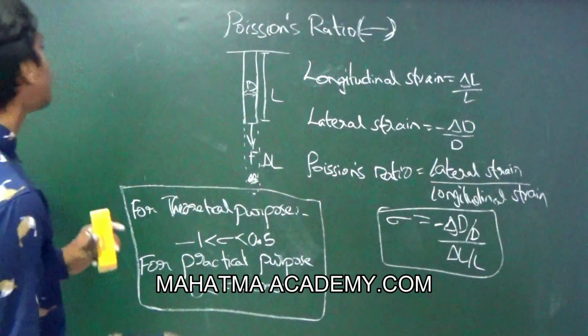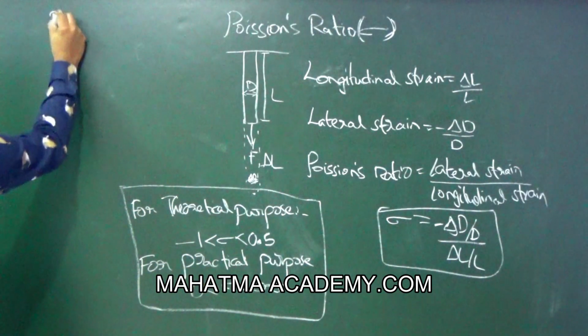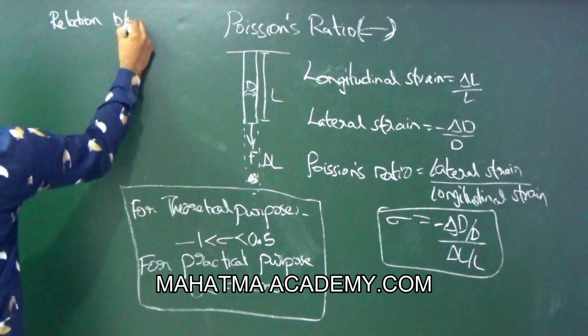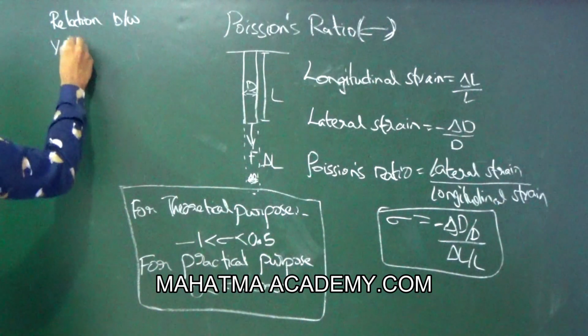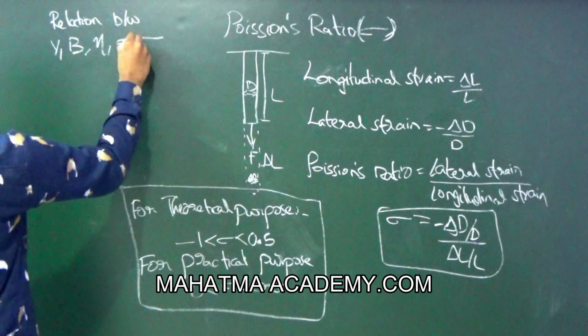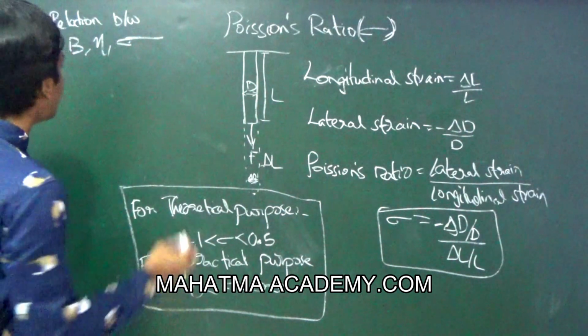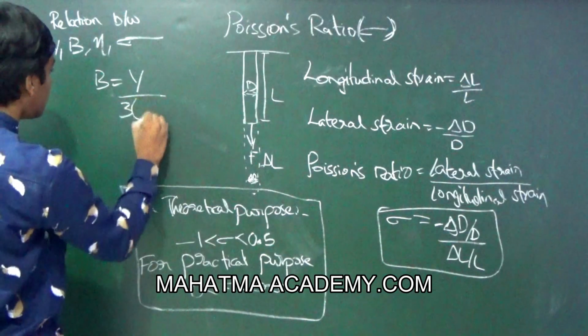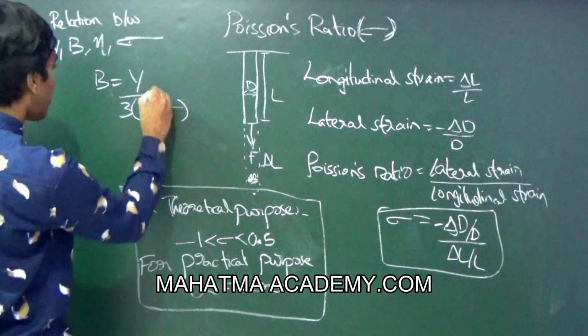Now there is a relationship between y, b, eta and sigma. Okay, b is equal to y by 3 into 1 minus 2 sigma.